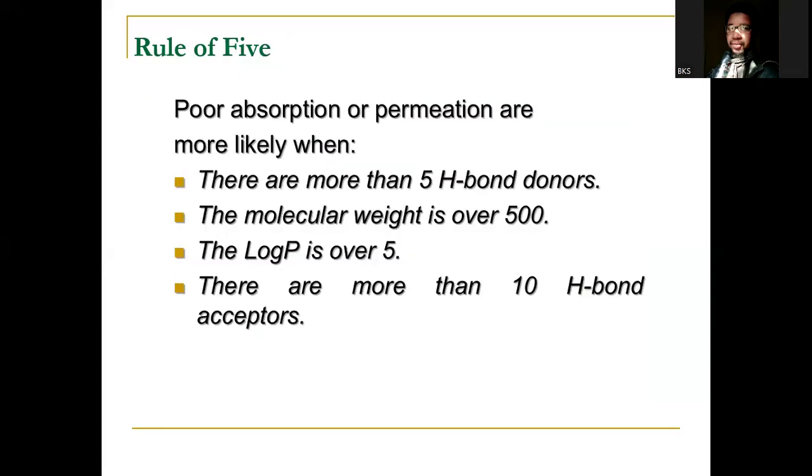For a compound to be considered a druggable compound, or to have the potential to be considered a drug, it says that the compound must not have more than 5 hydrogen bond donors, or more than 10 hydrogen bond acceptors, or a molecular weight of more than 500.